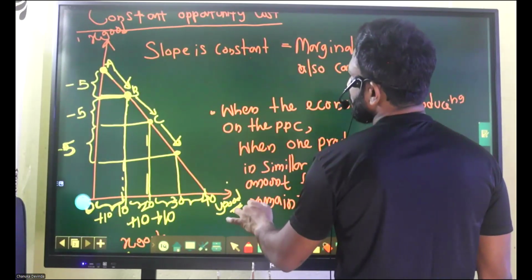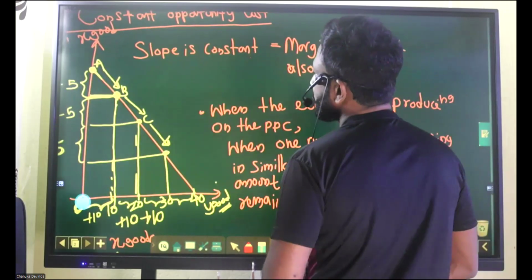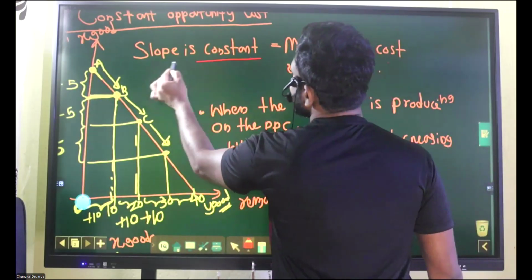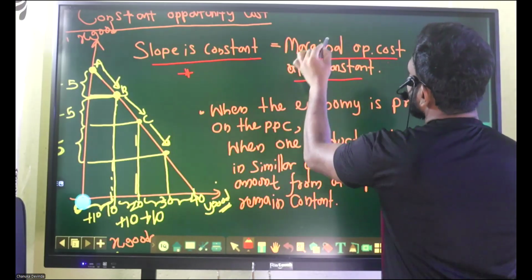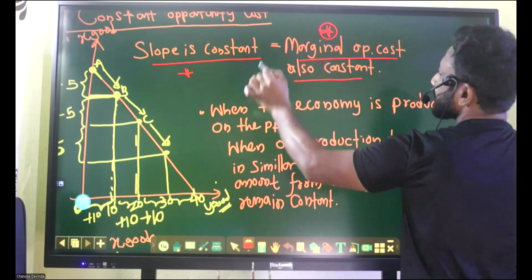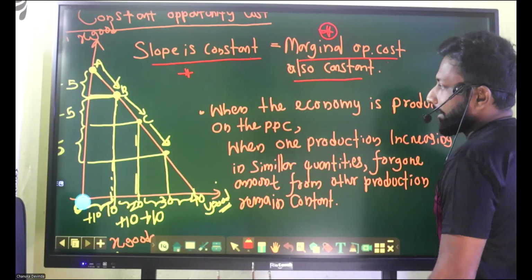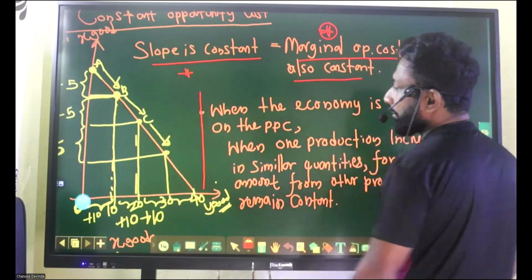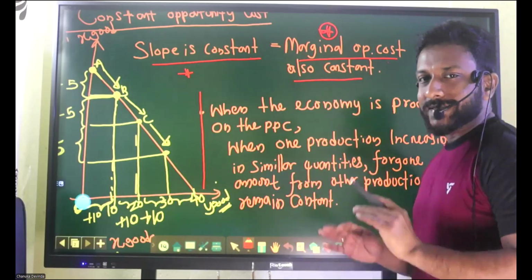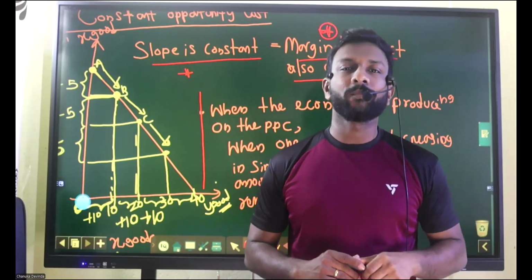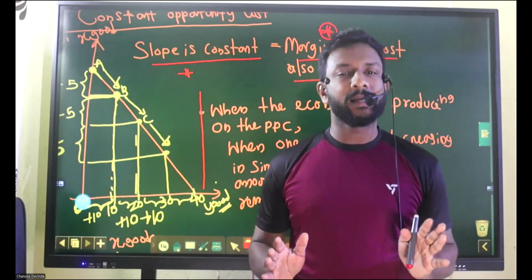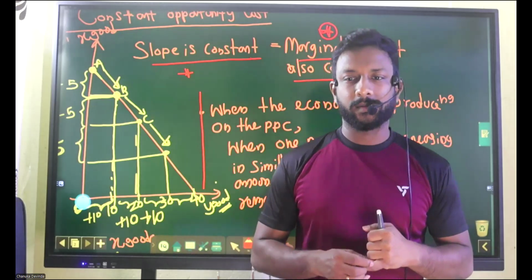When it comes to constant opportunity cost, slope is constant. That is important. Marginal opportunity cost also remains constant. That's why it's called constant opportunity cost. And also, what is the definition of constant opportunity cost? Those are the things that you should keep in your mind for the exam. Obviously, examiner will check that part, right?